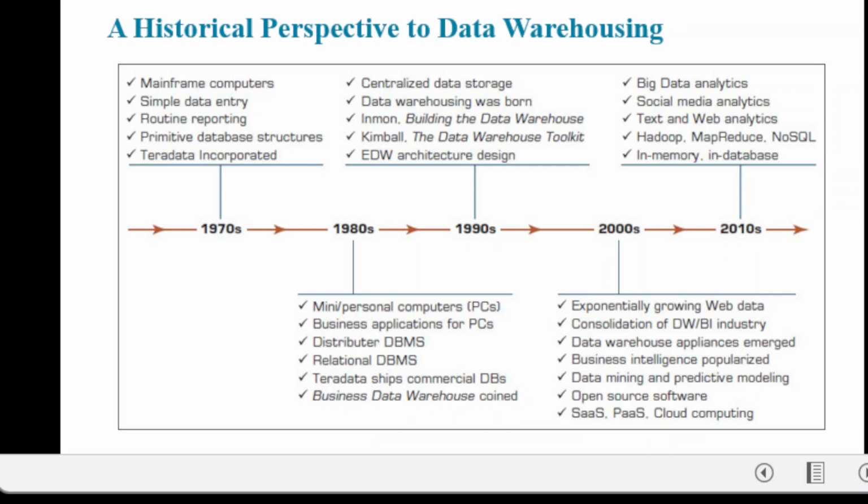And then comes the term business intelligence. Gartner coined the term business intelligence. Then with this data warehouse, we start to do data mining, we start to do predictive modeling, and we have the development of many open source software. And then we have cloud, we have software as a service, platform as a service.